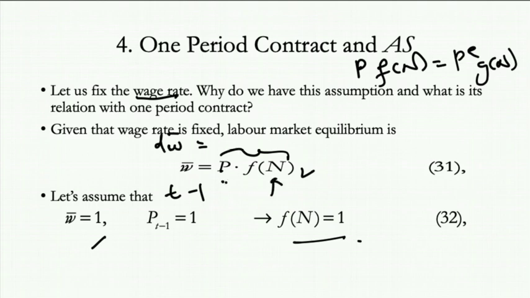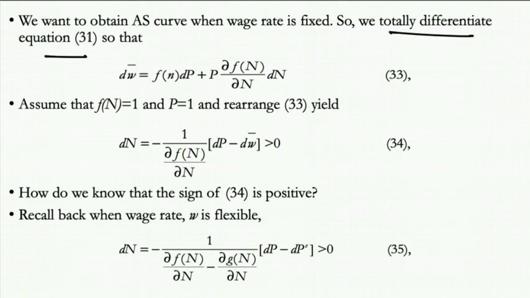So we use the product rule to totally differentiate 31, and you get what we have here, which is 33. For simplicity, this one is capital N. Assume this one equals 1, assume this one also equals 1, and rearrange 33 until you have the N on the left hand side and the rest on the right hand side.